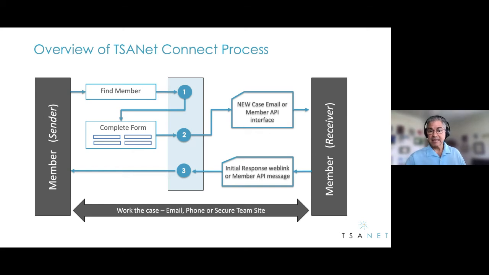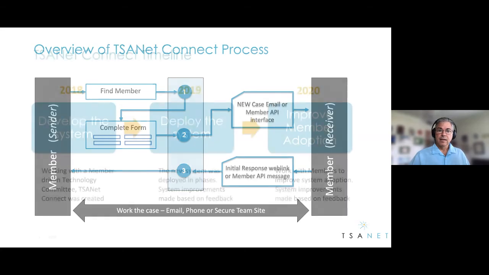Then this email process makes the connection. The result is that both endpoints know each other, so they know the engineers and how to contact each other, and they know their cases. At that point they step outside of the system and stay within their native CRMs to solve it, whether that's email, phone calls, WebEx, or whatever makes the most sense to collaborate on the issue. So that's TSANet Connect.